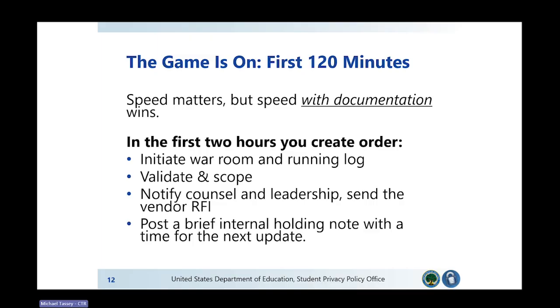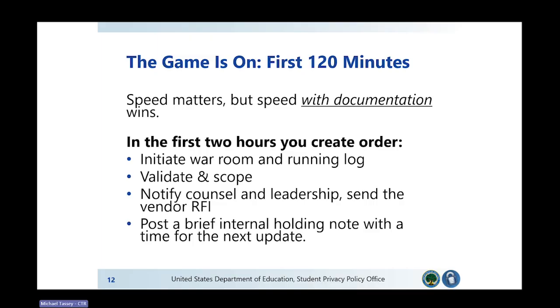That's why it's so important to have those belly buttons, that I called this person at my provider to get information about what they know right now, right? Make sure that you notify your counsel and leadership, and then make sure you send a request for information, right, to the vendor. Make sure that you've documented that because you want to show your due diligence in this process.